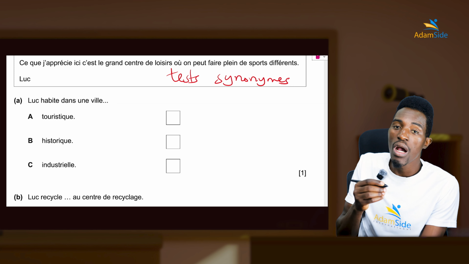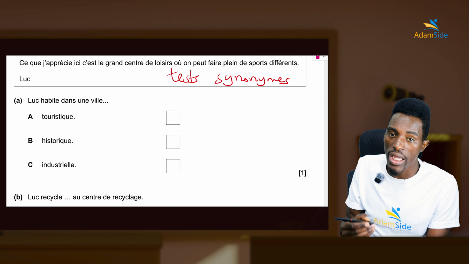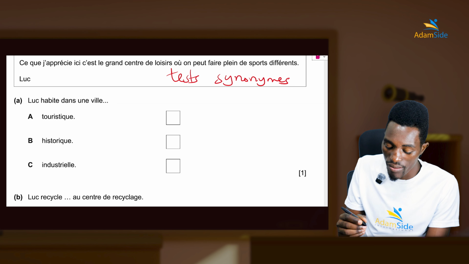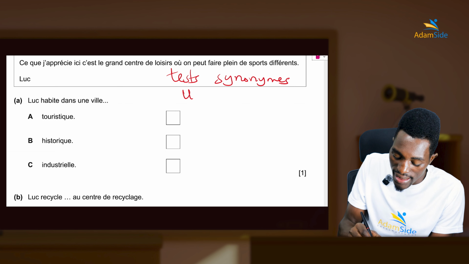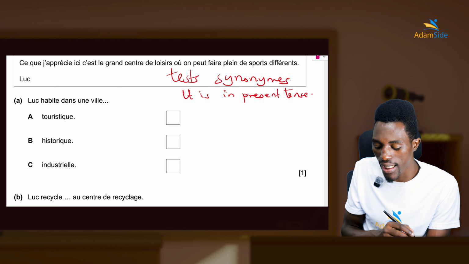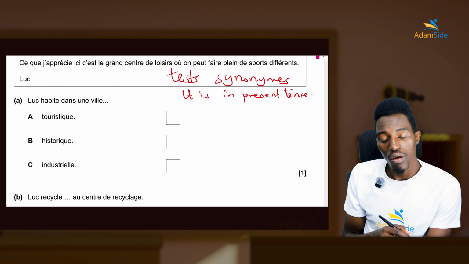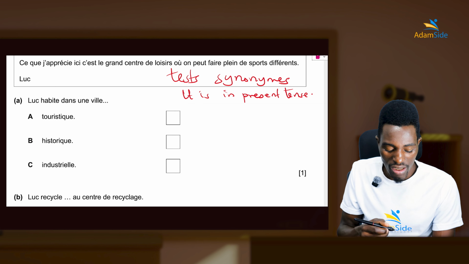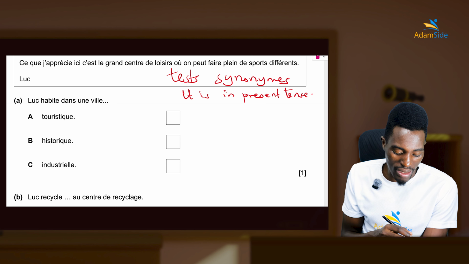How can you use a different way to refer to the same thing? So this question tests synonyms. Also, it is in French present tense. So the question needs you to give the synonyms. So now let's start question number 1.